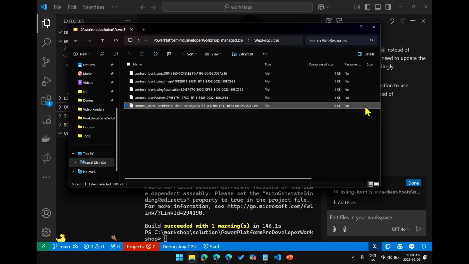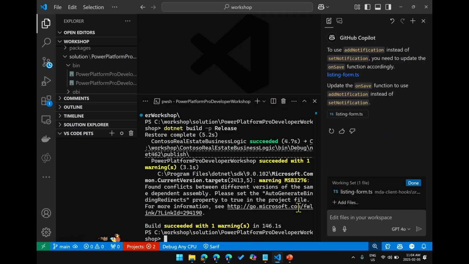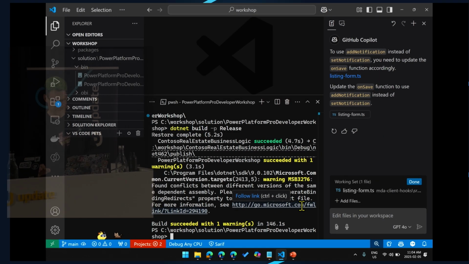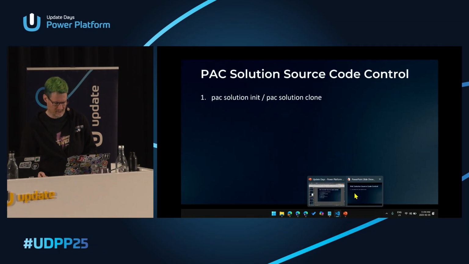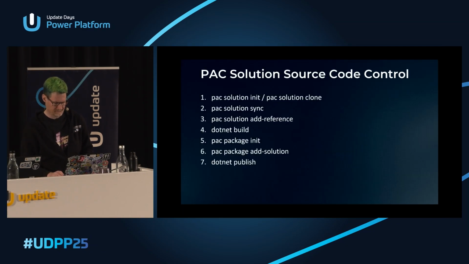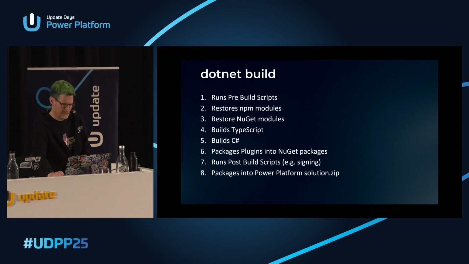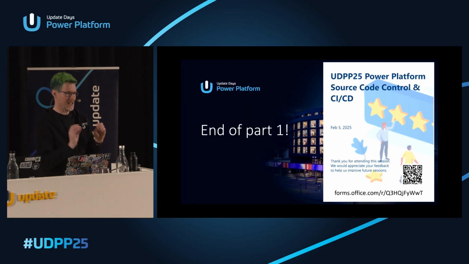So what we're doing here is creating best practices for software development. All right, if we go back to our demo here. Now, this is the end of part 1.